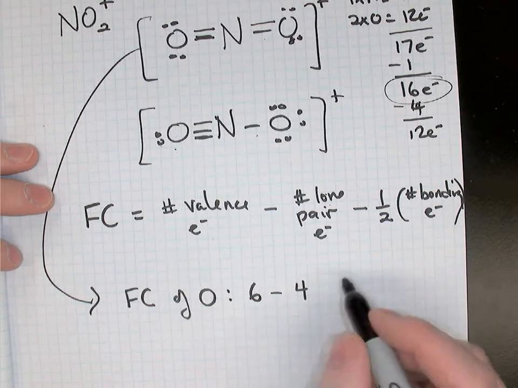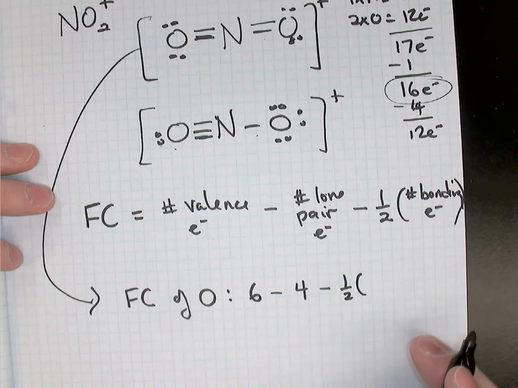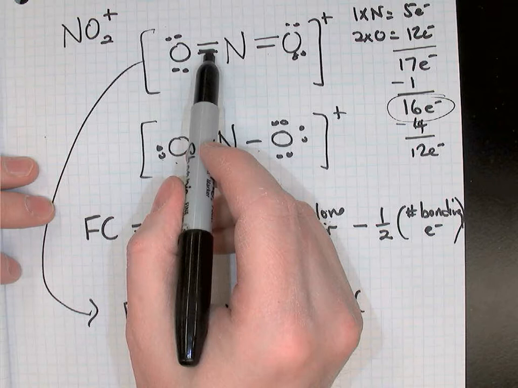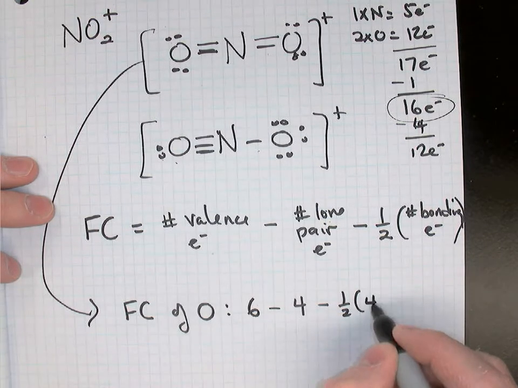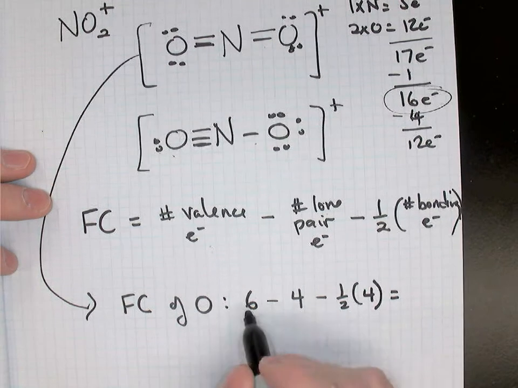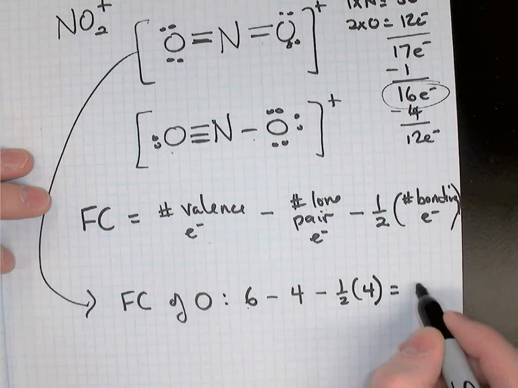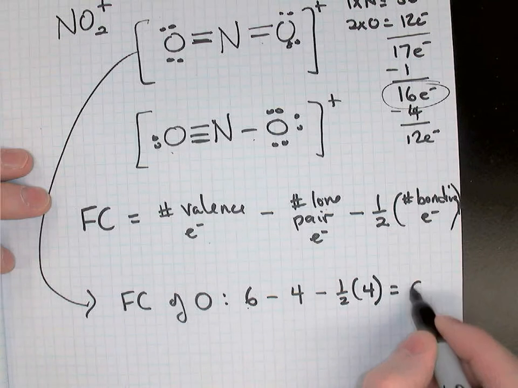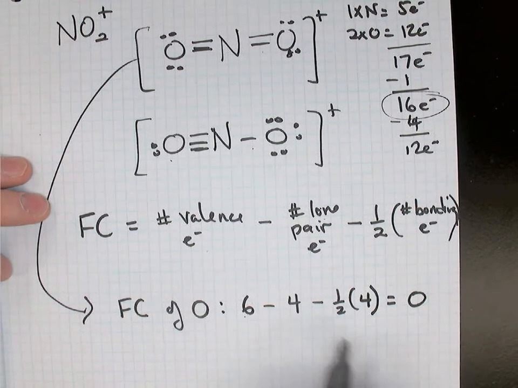And then subtract 1/2 of the number of bonding electrons. A double bond represents 4 electrons in total, so 1/2 of 4. 6 take away 4 is 2, take away half of 4, take away 2 again, is 0. So in the top molecule, the oxygens each have formal charge equal to 0.